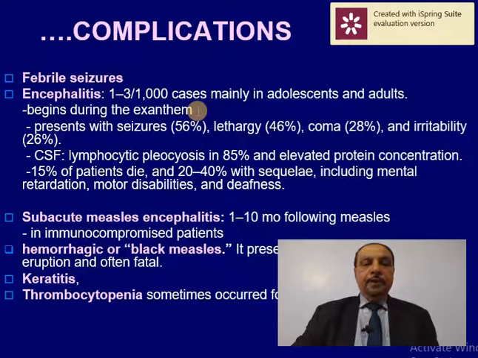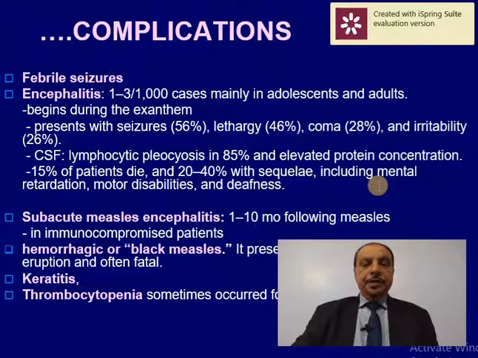The CSF shows lymphocytic pleocytosis in 85%, like the viral meningitis, and elevated protein concentration. 15% of patients die, and 20 to 40% will live, but with sequelae, including mental retardation, motor disabilities, and deafness. So encephalitis is the second cause of death from measles, and it is severe and usually 1 in 1,000.